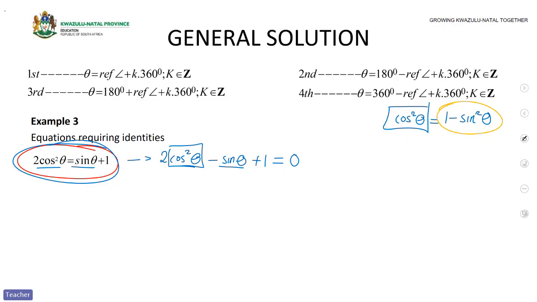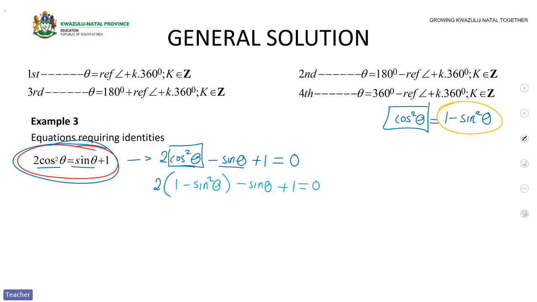That's what we are going to do so that our equation only consists of sine. So we write cos squared theta as 1 minus sine squared theta: 2 times (1 minus sine squared theta) minus sine theta minus 1 equals 0.